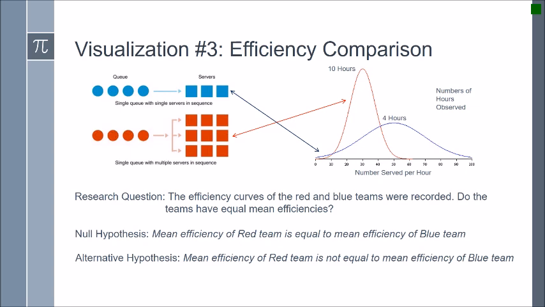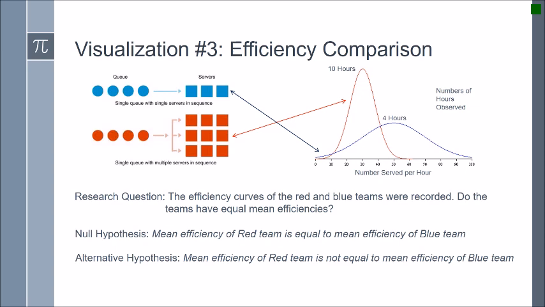While looking at the graphs, I don't think so. We are going to accept the null hypothesis because the number of hours which is being given to multiple servers in a sequence are 10 hours, and the number of hours which is being given to the blue queues is only 4 hours.